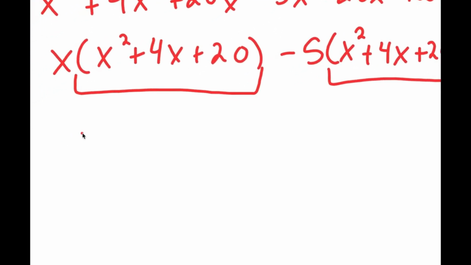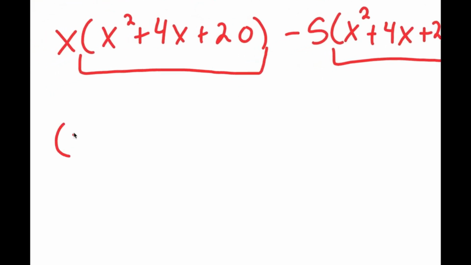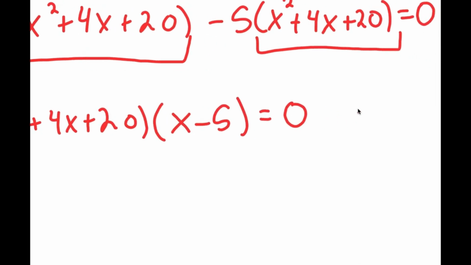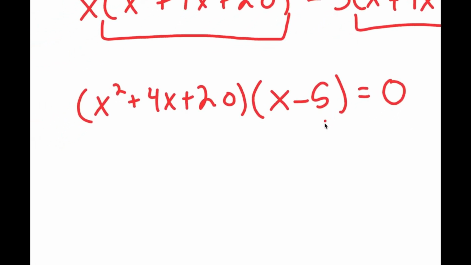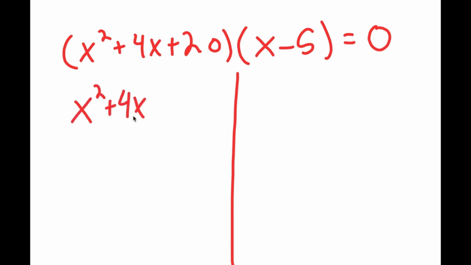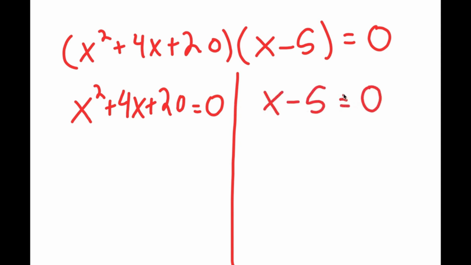So now from here, if I factor out x squared plus 4x plus 20, I get x squared plus 4x plus 20 times x minus 5 is equal to 0. And this gives me two equations. I get x squared plus 4x plus 20 is equal to 0, and x minus 5 is equal to 0.